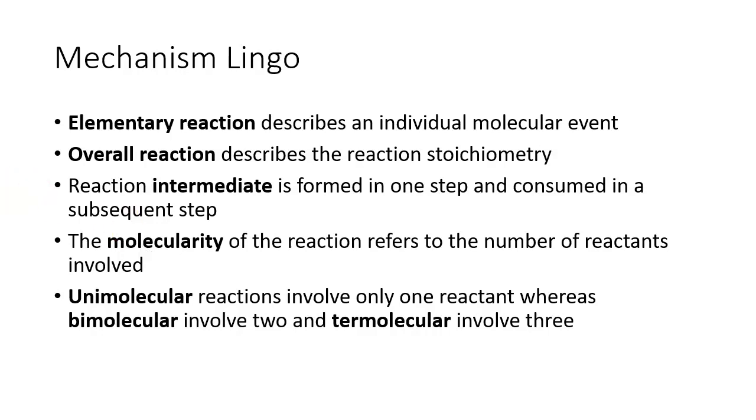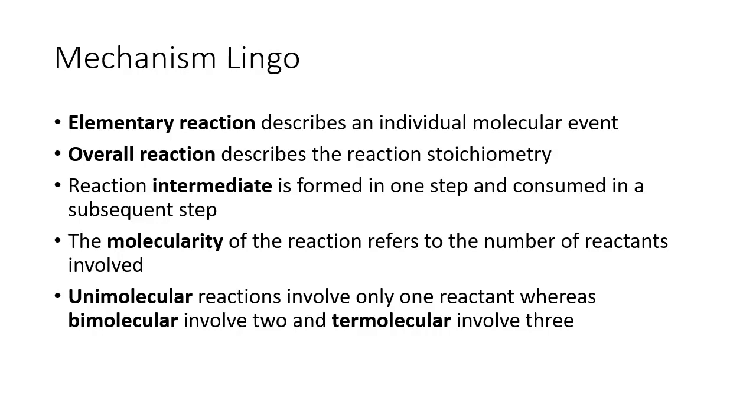We have this term molecularity, which refers to the number of reactants involved in a given step. So it's sort of like, how many different molecules do we need for this step to happen? Not all molecules are always involved in every step of a chemical reaction. And we have these terms unimolecular, bimolecular, and termolecular that refer to the molecularity.